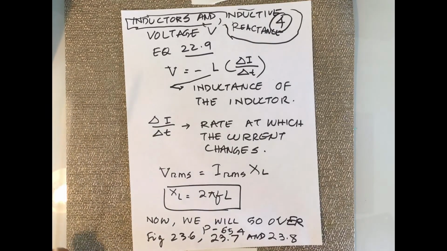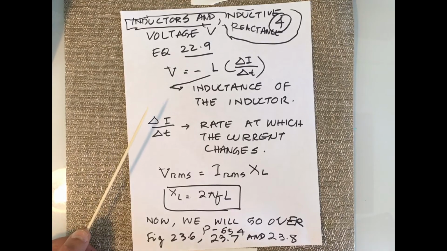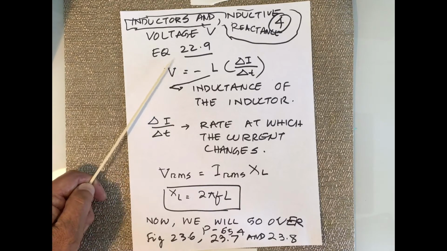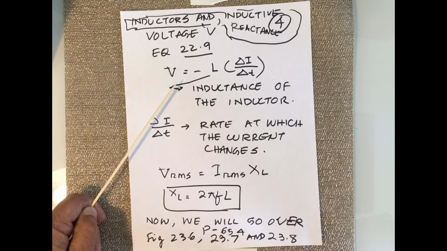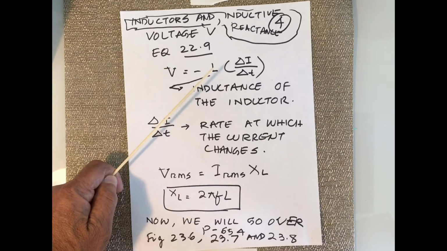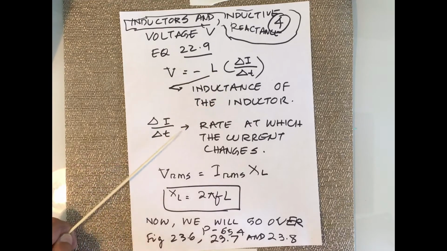Now we're going to inductors. We talked about this in the self-inductance part in the previous chapter, 22.9, where we had V equals negative L times delta I over delta T. Delta I over delta T is the rate at which the current changes.